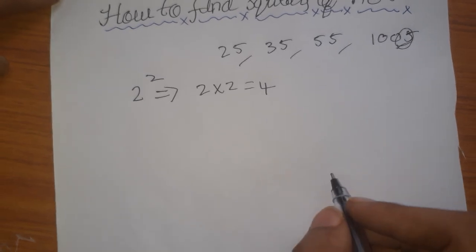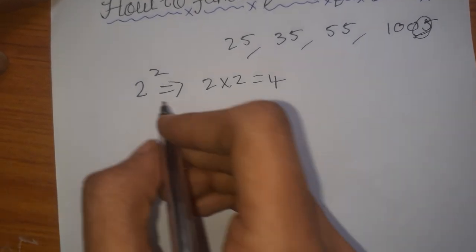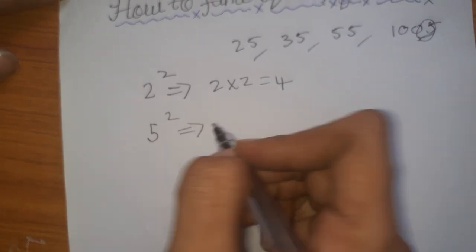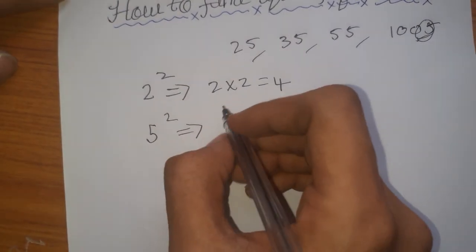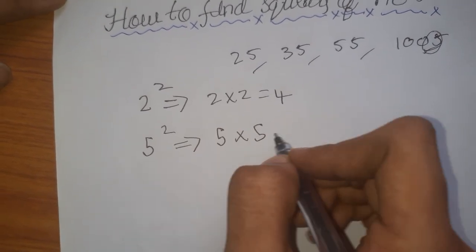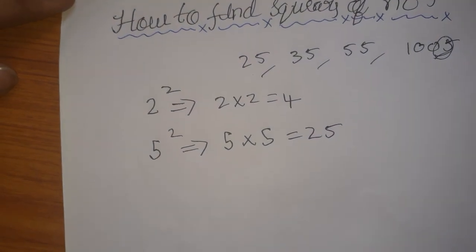For this short trick you need to remember just one number, which is very helpful, that is 5. To find this, we can just write 5 into 5 is equal to 25. This is very clear.